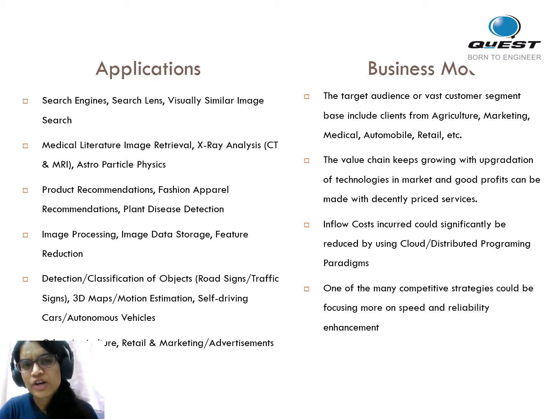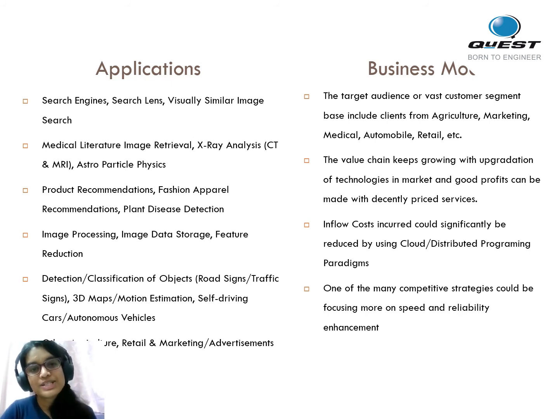It can also be used in various computer vision applications like image processing and data storage, because we are basically storing all the images in the form of feature vectors, and we could really devise a way to make the data storage more optimal and efficient. And also in detecting and classifying objects like road signs and traffic lights, and also creating 3D maps and motion estimation as well.